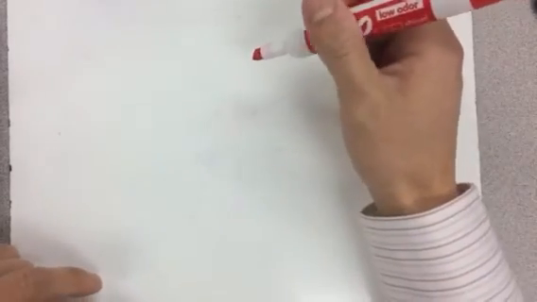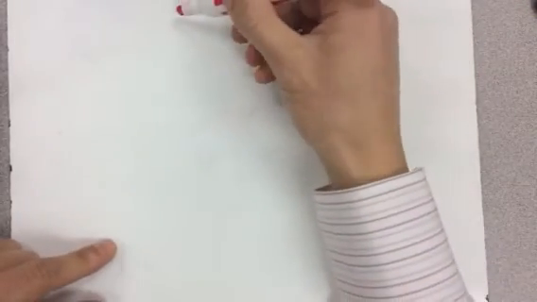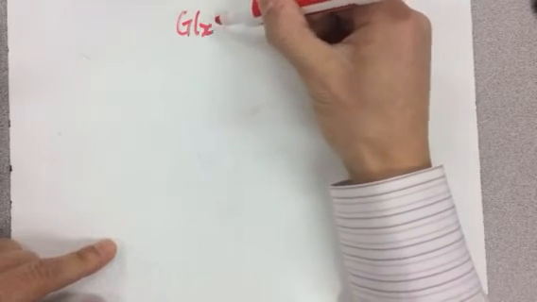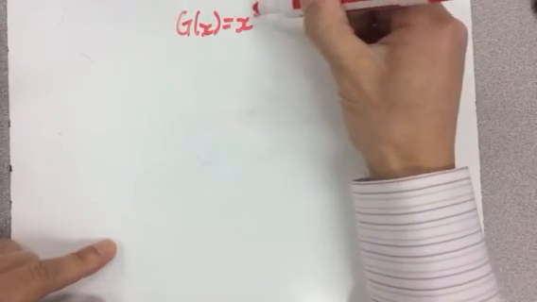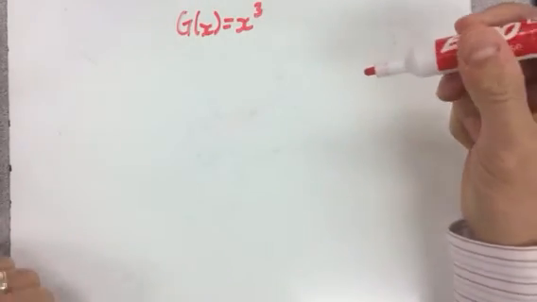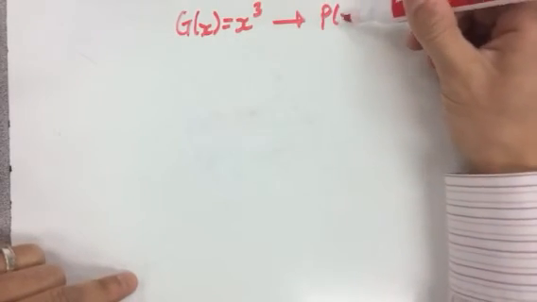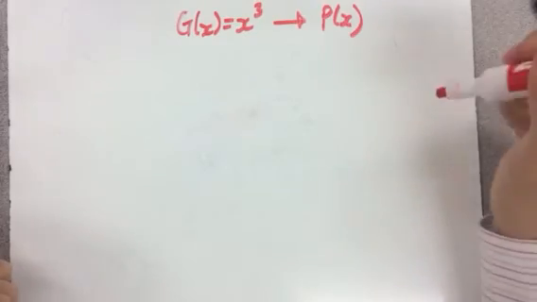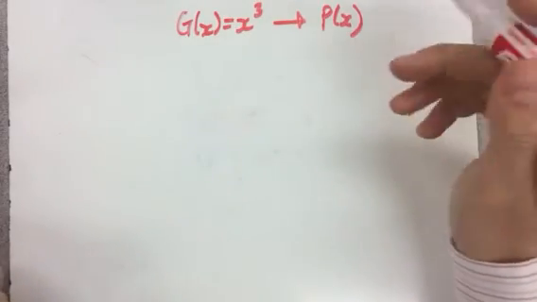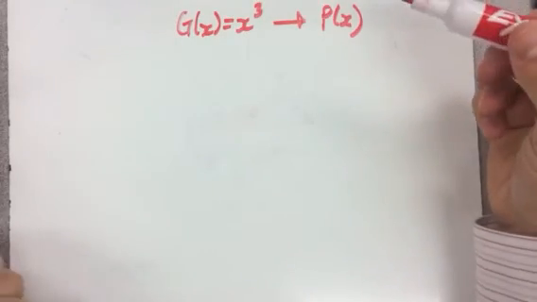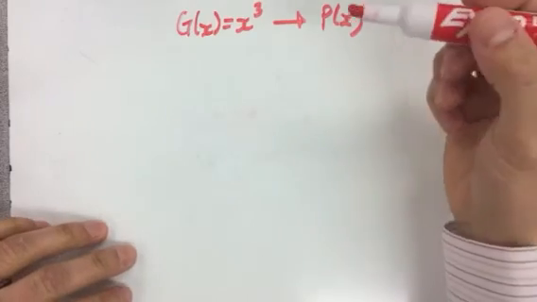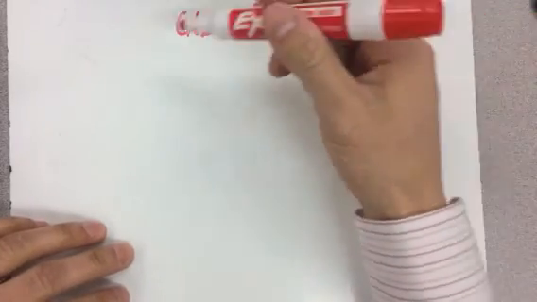We have a function g of x, and g of x is equal to x cubed. And it's transformed into a new function, p of x. To form the new function, p of x, g of x is stretched vertically about the x-axis by a factor of 0.25, or 1/4.